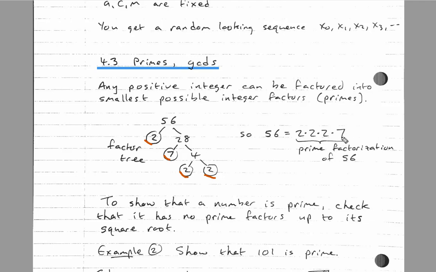But this is the number 56 broken into its smallest possible factors. That's called a prime factorization. Okay, so every number, 2 or higher, has a unique factorization into primes.